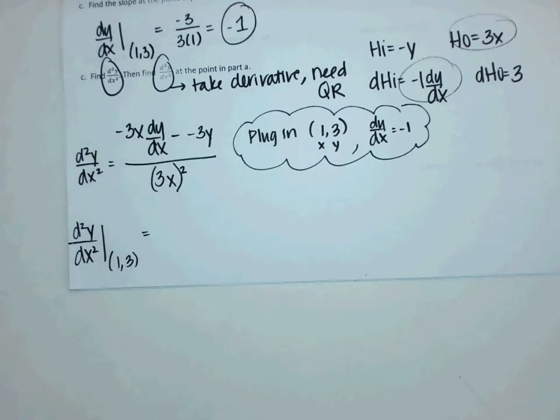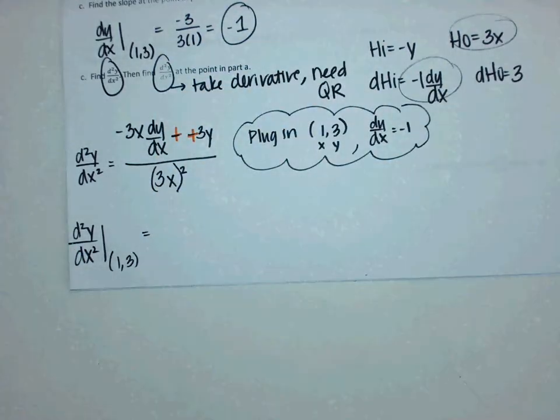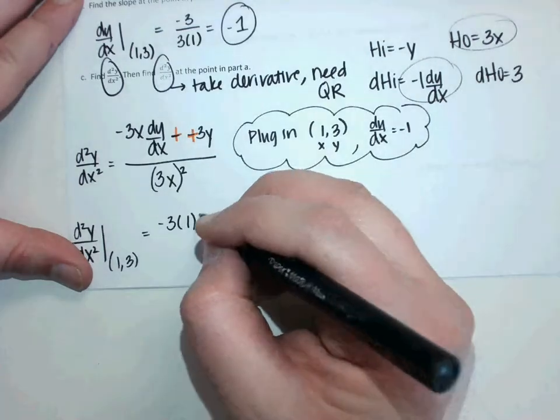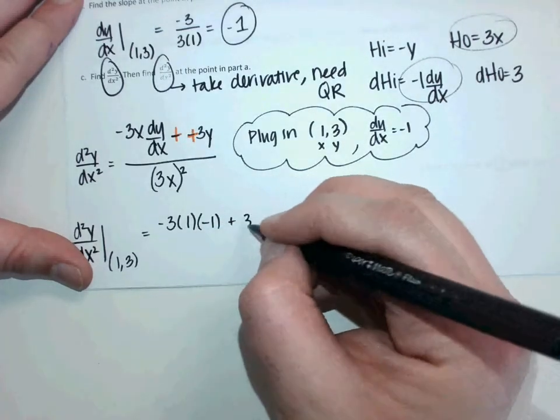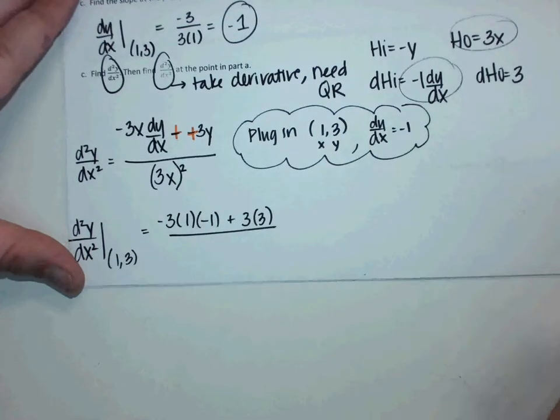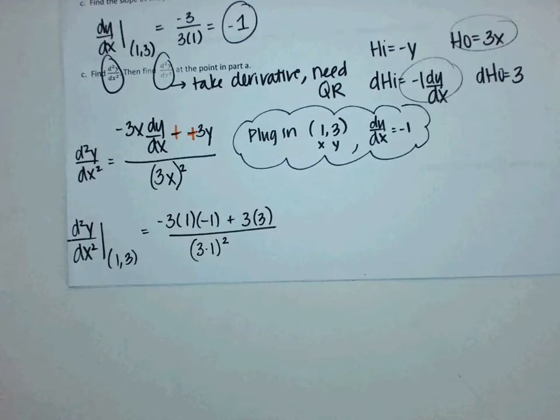And now we're just plugging in our stuff from there. Now this minus negative, is it okay if we switch that to a plus? Okay, that's really just a plus there. So I have negative 3 times x, times dy/dx, plus 3 times y, which is 3. On bottom, 3 times x is 3 times 1, and then I will square that result.